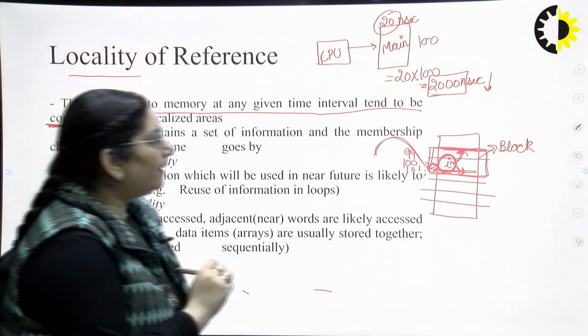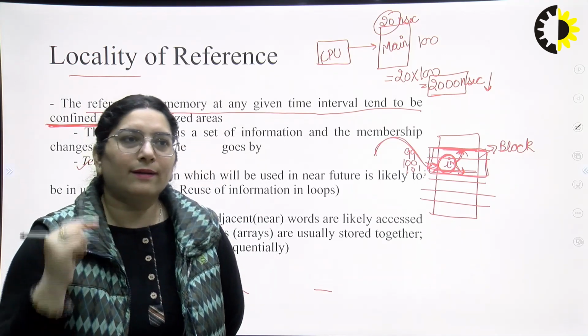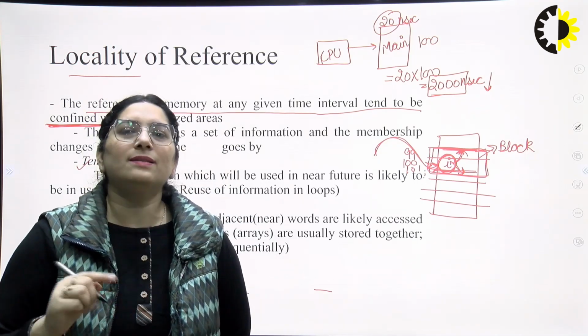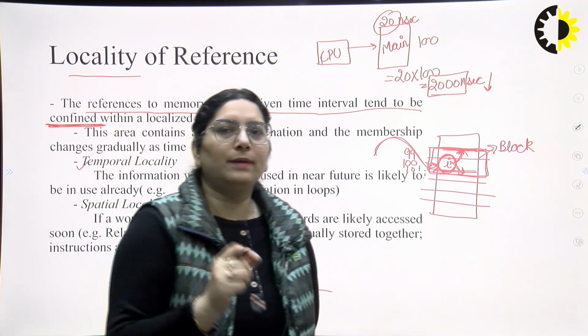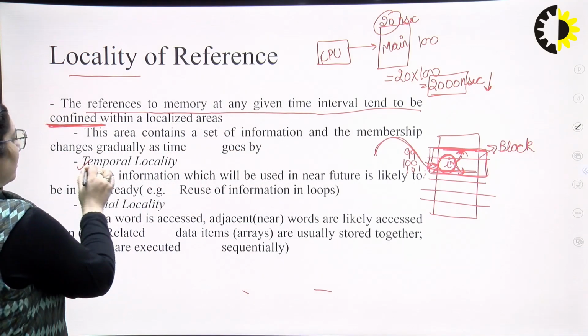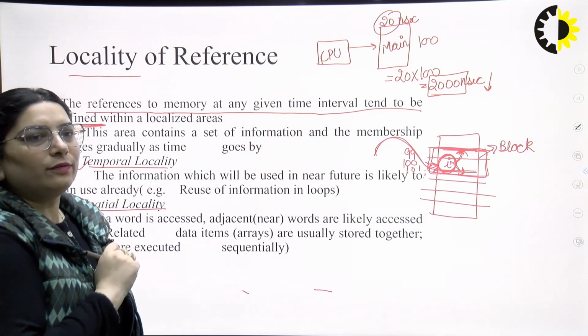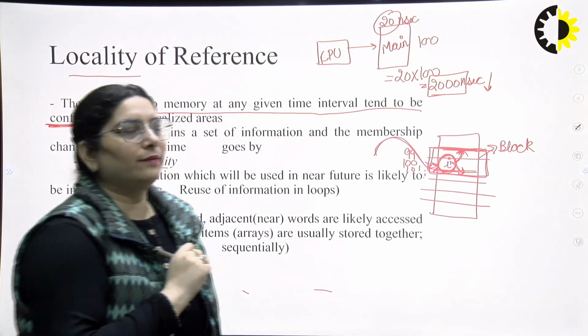That is, if I access 99 at this particular time, there are high chances that I'll refer to 99 again in some time. So we have two types of locality: temporal locality of reference and spatial locality of reference.